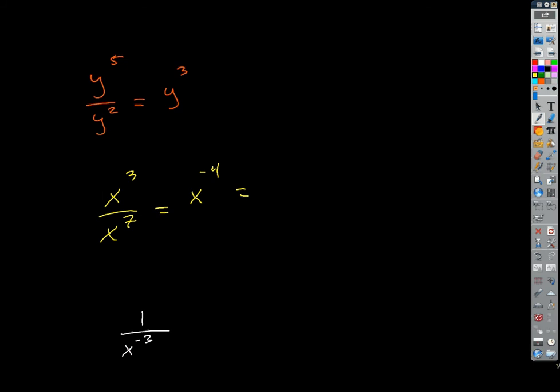x to the fourth over 1. What about, say it again? x to the fourth over, like, 1, I guess? Close. 1 over x to the fourth. Right? What's the moral of the story? Well, here's how we think about this. If we divide, we can always write something as a fraction.